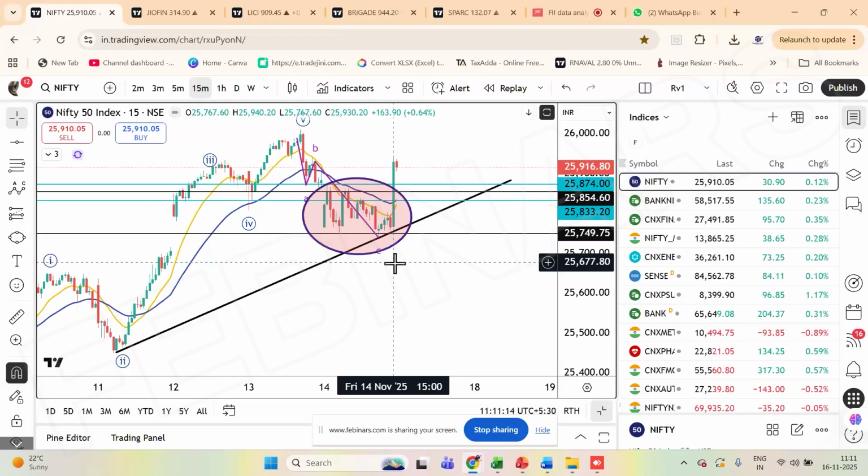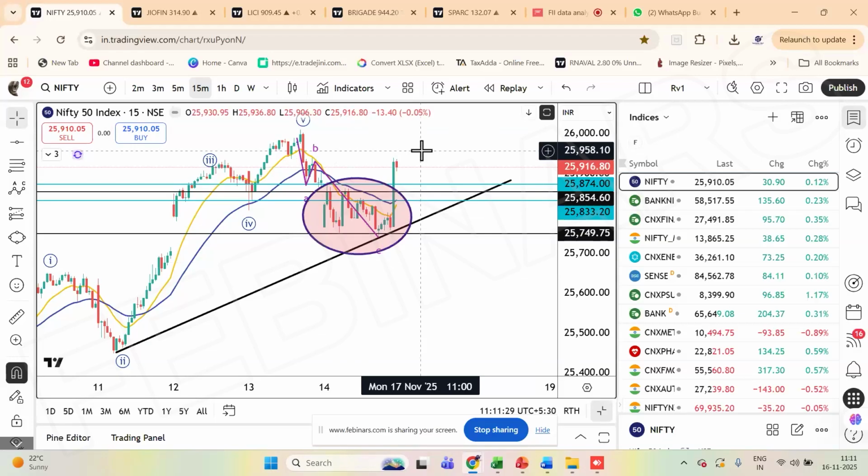Overall, the impulse advance. Now the third wave may have started, but as Manor sir said, 26,020 above, I would be outright bullish for 26,233 as a target. Even if it rises towards 25,982, 26,020 or 26,050 levels, and then we start falling, the retracement zone should be 25,830, 25,860, and 25,885.